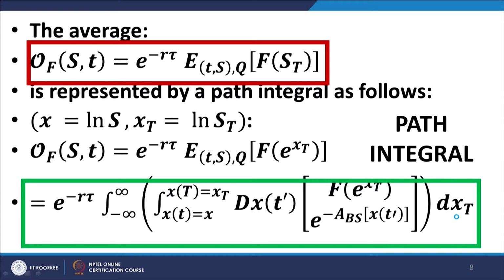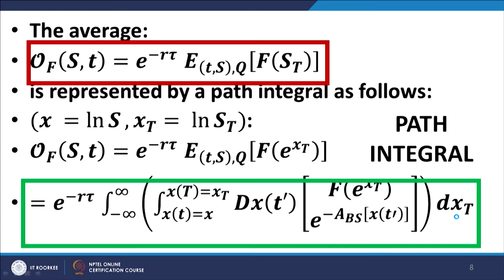The path integral of the payoff over all paths between the initial or the current value of the stock and the projected value of the stock as on the date of maturity of the option, and then we are integrating this with respect to dxt to cover all possible values of the stock between 0 to infinity.